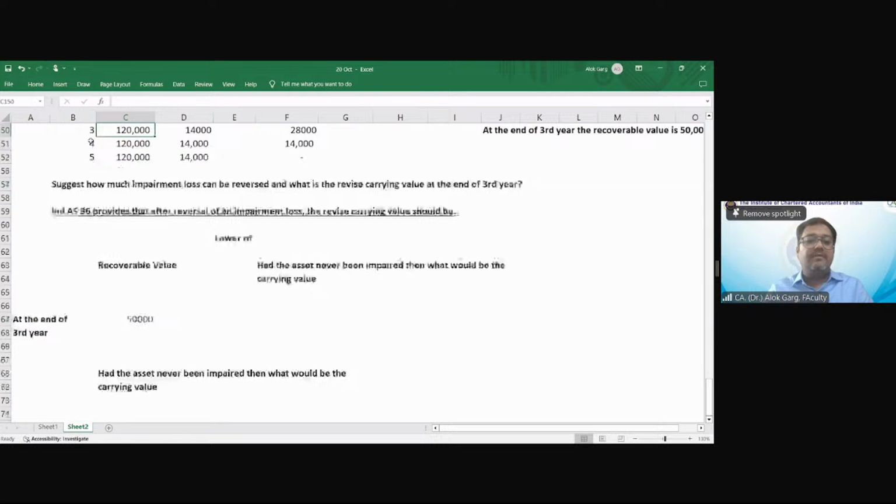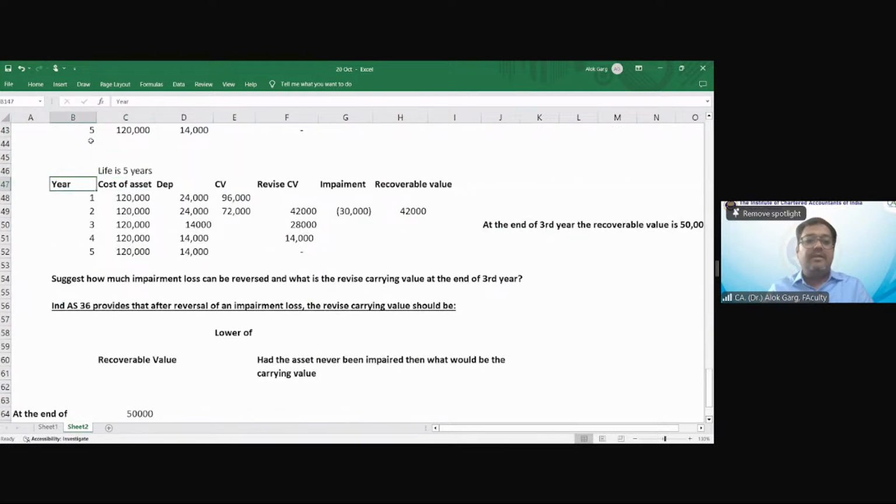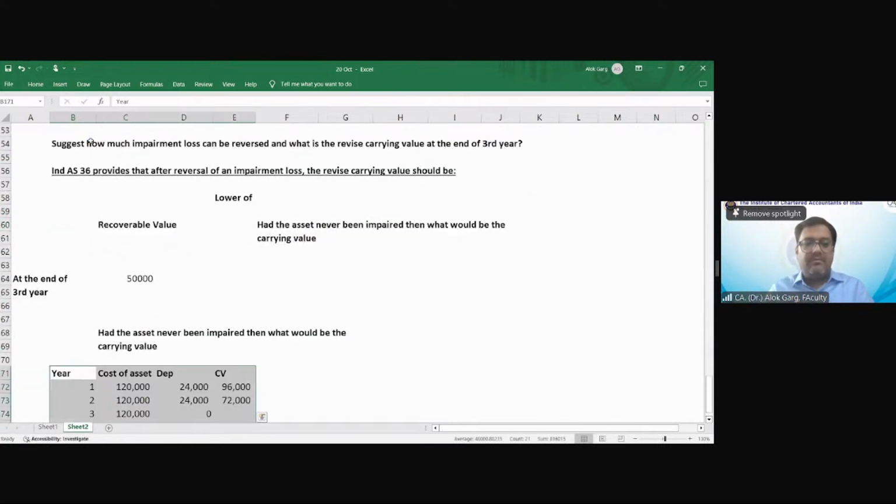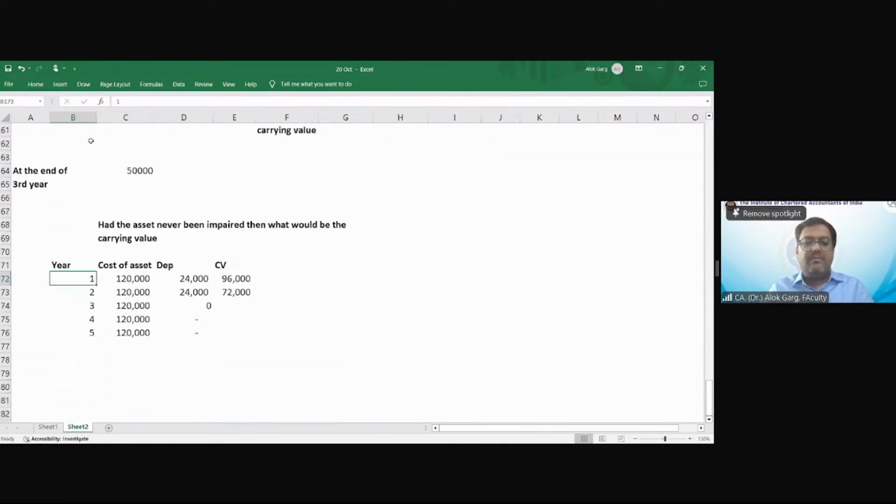Very simple. Year, cost, depreciation. So let me put the depreciation chart here. So this divide by 4, this divide by 3, right?